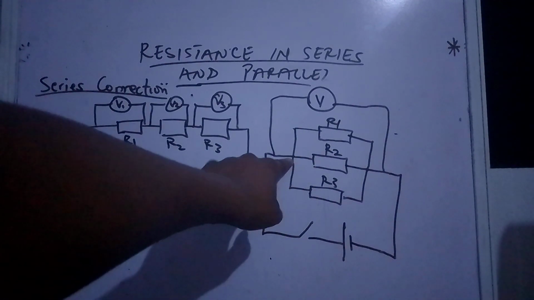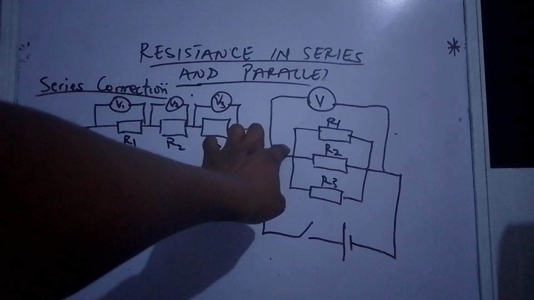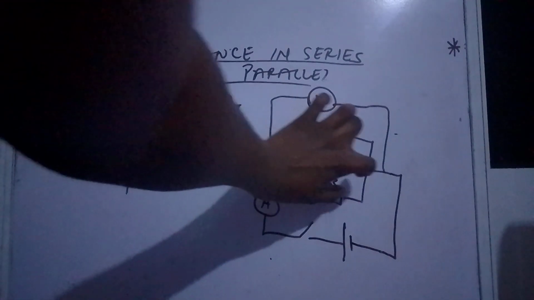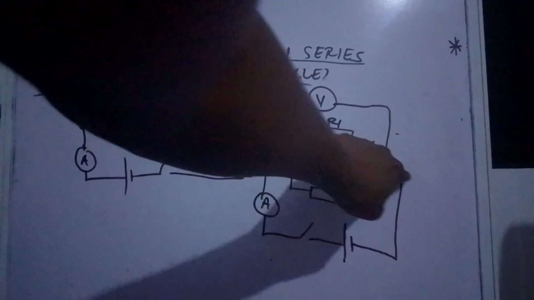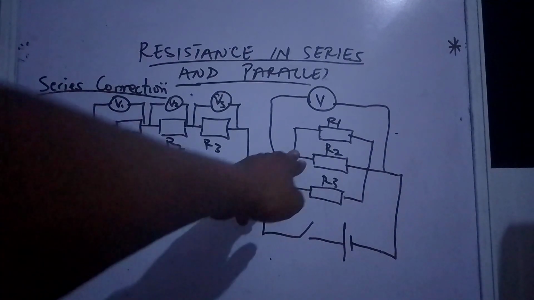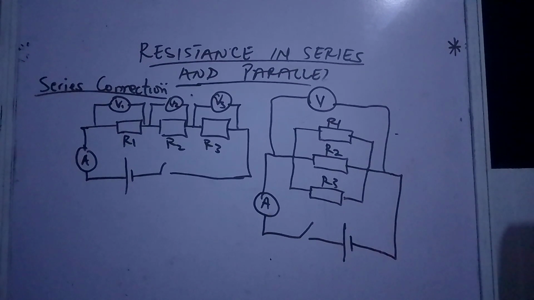A part of the current will flow through R1, part of it will flow through R2, part of it will flow through R3. When they flow out, they come out here and combine again, and then the circuit continues. So in a situation whereby current has to split before it can pass through all the resistors in that circuit, then we can say the arrangement of those resistors is a parallel arrangement.